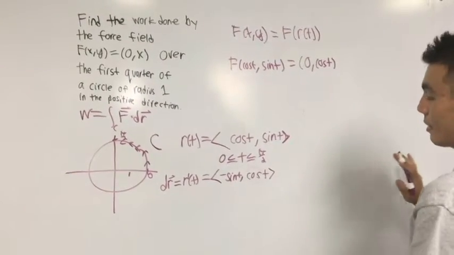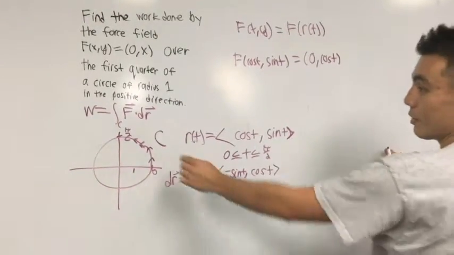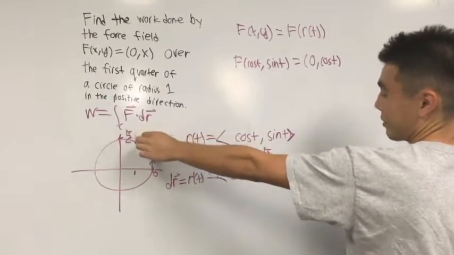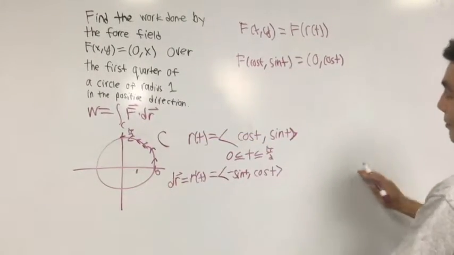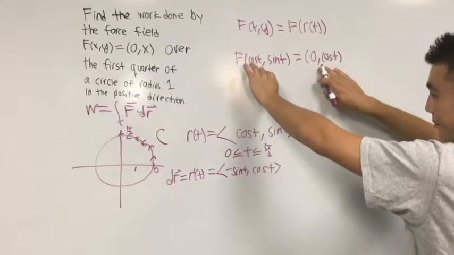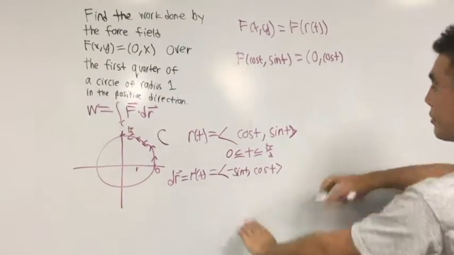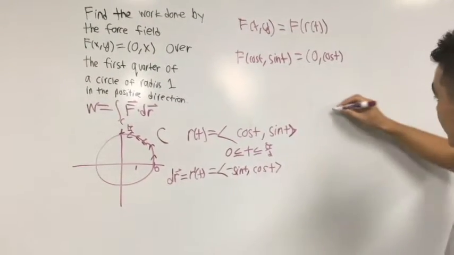Now, this is a dot product. So in order to find the work, we're going to have to take the dot product of F and dr. So let's rewrite this integral.